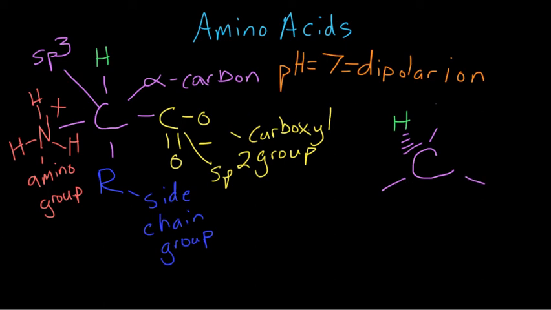For the L isomer, we'll put your side chain group up top, and then your amino group here on the left, and your carboxyl group here on the right. Now for the D isomers, these would just be flip-flopped. But since this one is the one that's important to life, we will call this the L form optical isomer.